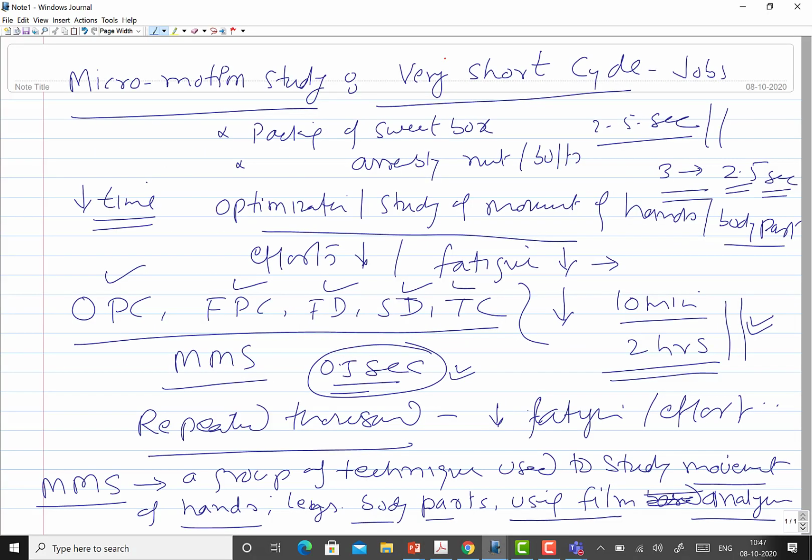In micromotion study, basically they are film based techniques wherein thermbligs are used to analyze the films so as to identify the effective and ineffective movements, or ineffective thermbligs, for the purpose of their elimination or improving the existing way of doing things.